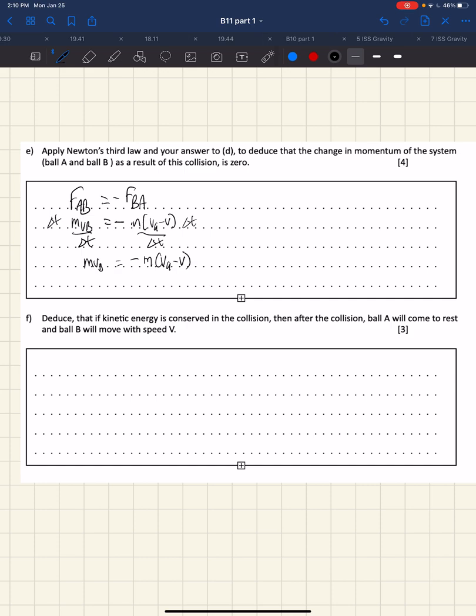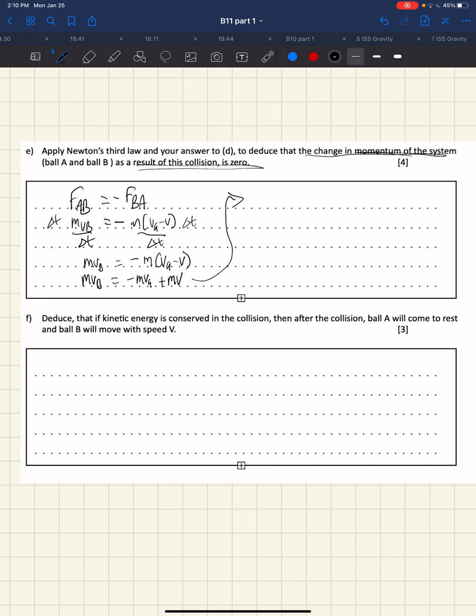Now the question is, we started out with Newton's third law, that the change in momentum of the system is 0. So let's put this in terms of the momentum. So we have m v_B equals minus m v_A minus a negative m v.